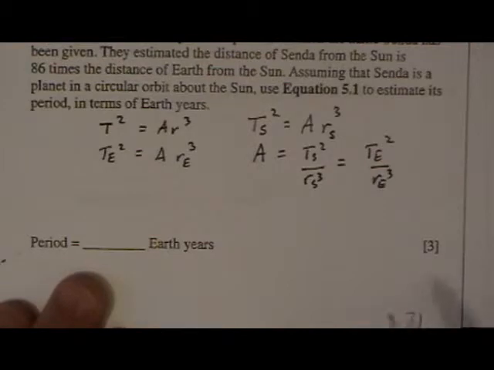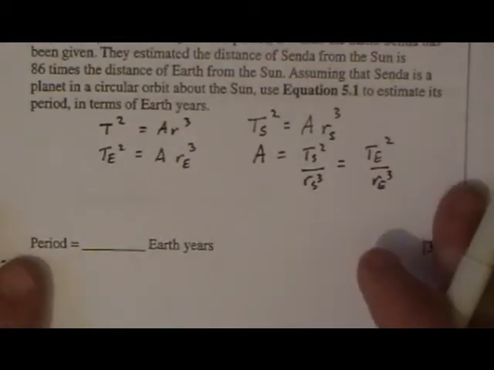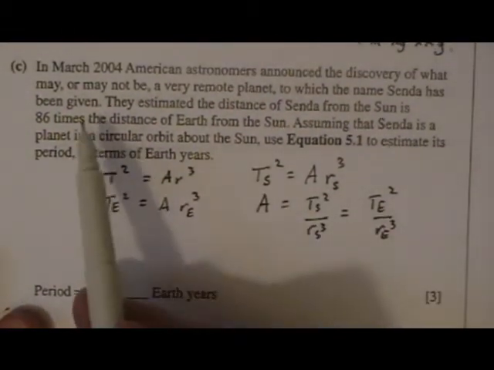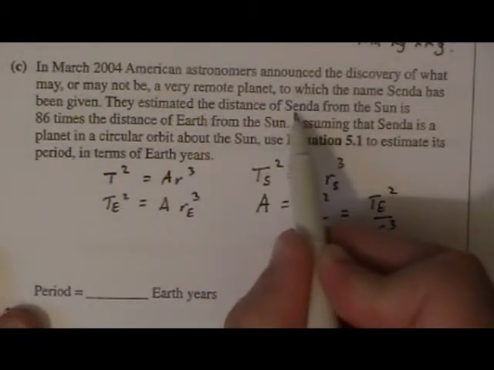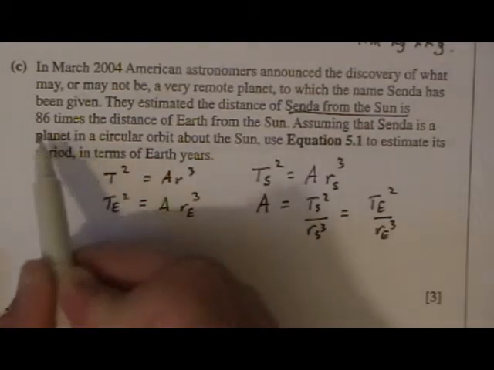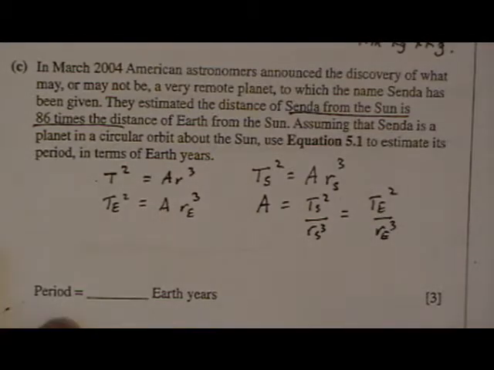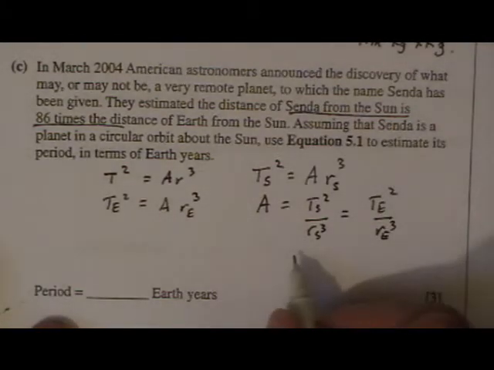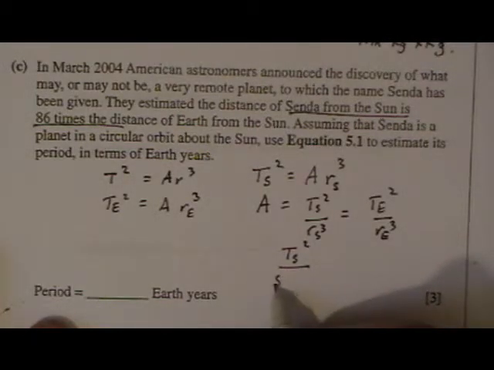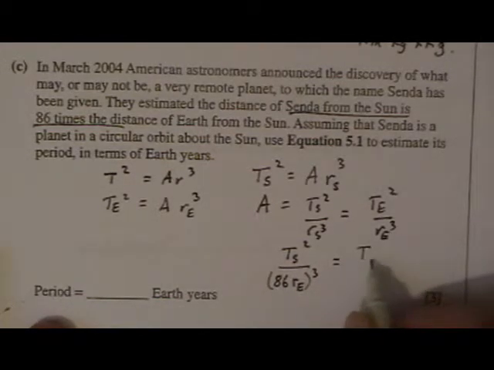We're told, if we look in the question again, that Zenda's distance from the Sun is 86 times the distance of the Earth. So what we've got now is t Zenda squared over 86 times the radius of the Earth cubed is equal to the period of the Earth squared over the radius of the Earth cubed.